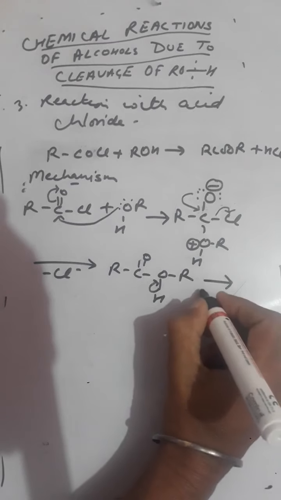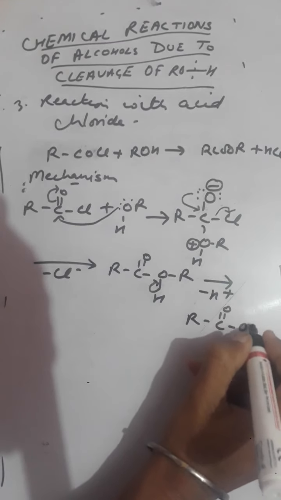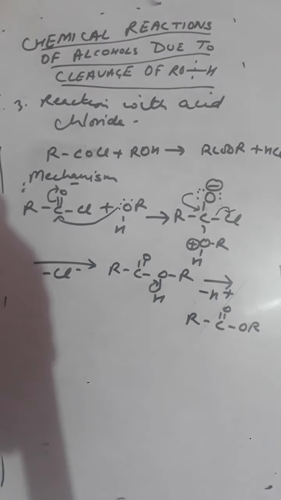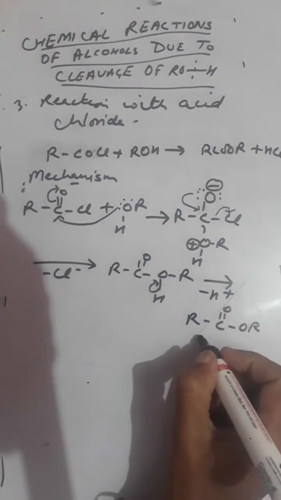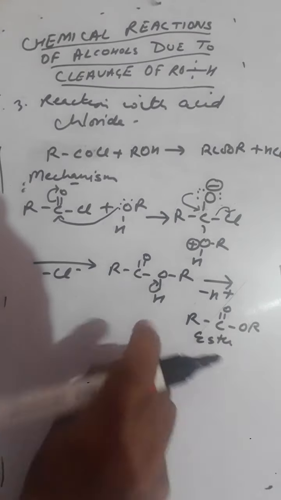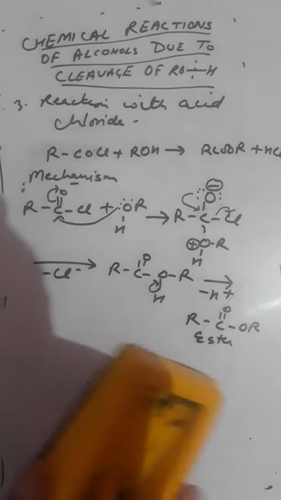We get RC=OOR. This is the mechanism of the reaction with the acid chloride, in which again we got an ester. And now is the reaction with acid anhydride.